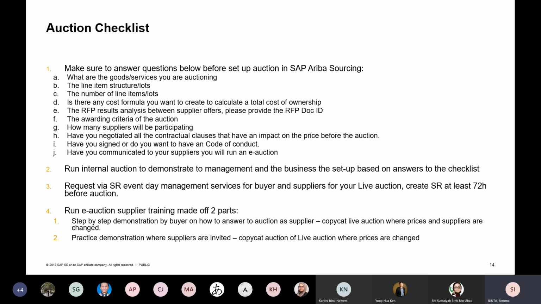Ariba is a tool, okay? You guys have all of these pieces of information already available, and ideally we want you to have them, of course, before the auction. Because if we don't answer these questions, when we go to Ariba, the question comes anyhow.